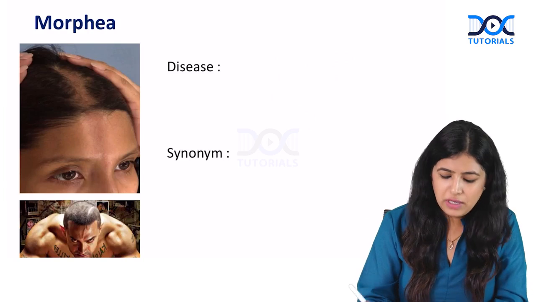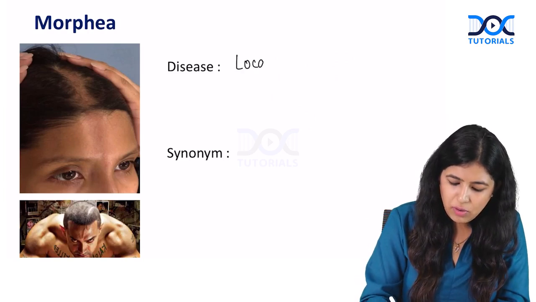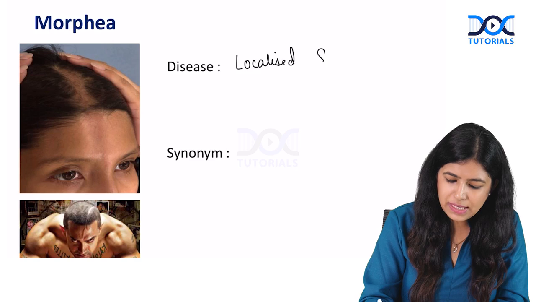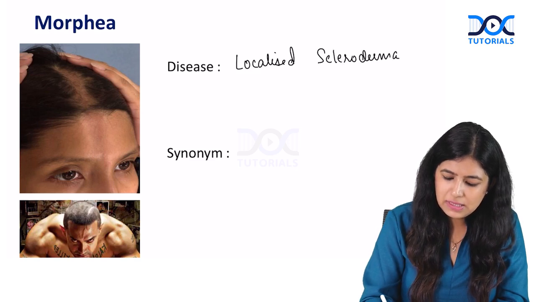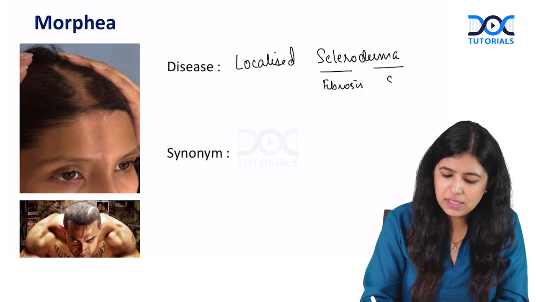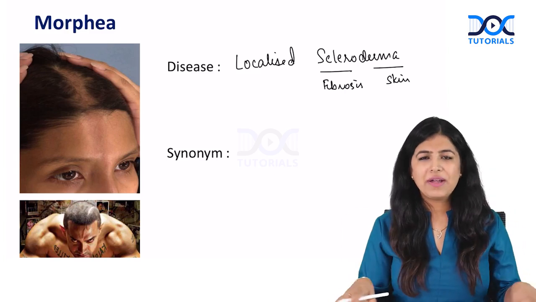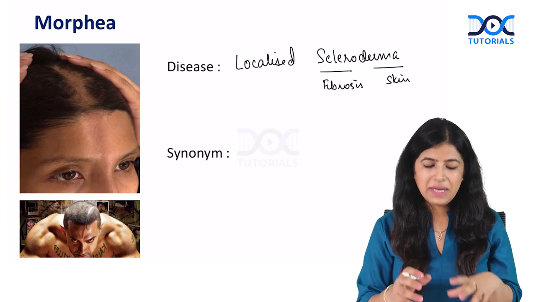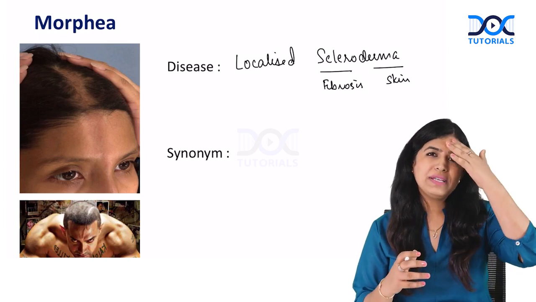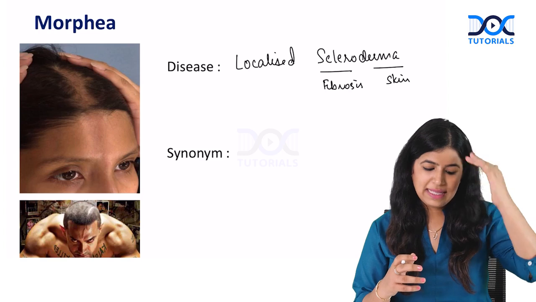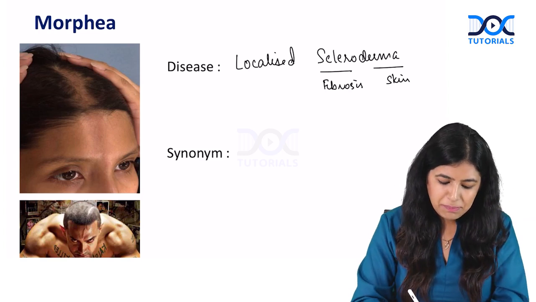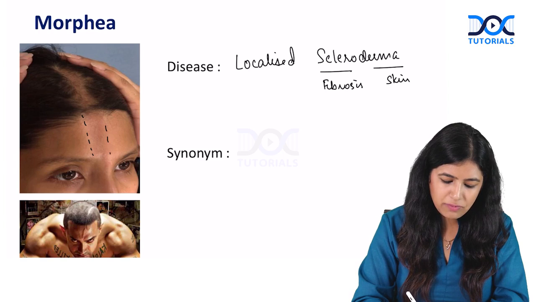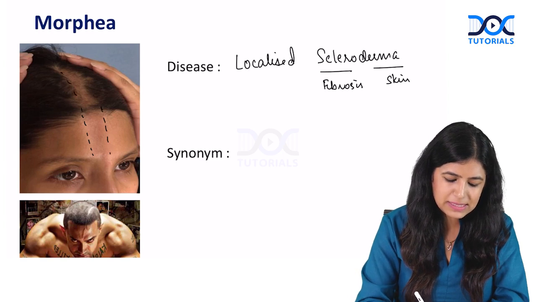Next, we come to morphea, which is actually a type of localized scleroderma. So scleroderma means fibrosis happening in the skin. Now, morphea can affect any side of the body. There it is going to cause a localized fibrosis. But sometimes when the morphea is affecting the forehead, the disease may progress to involve the skin on the scalp.